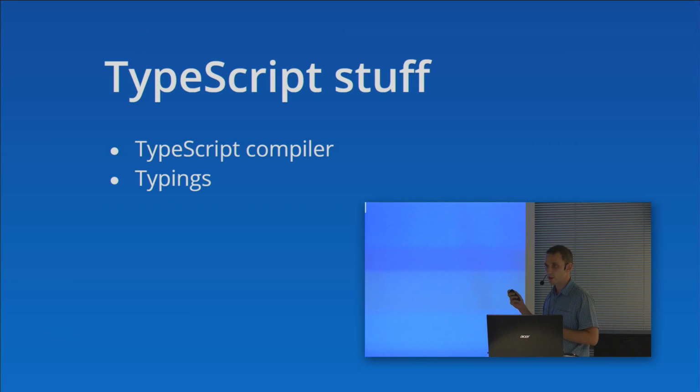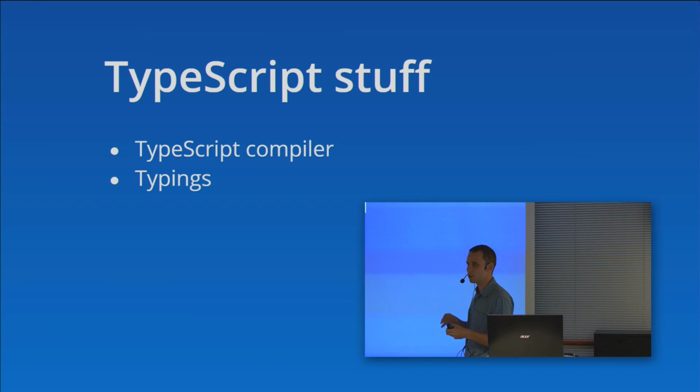And by the way, about the IntelliSense, if you want to get good IntelliSense against the external libraries, then basically there's a rule of thumb that you need these typings also. So typings is just a collection of TypeScript definitions for different libraries.